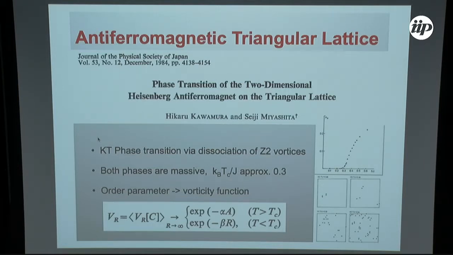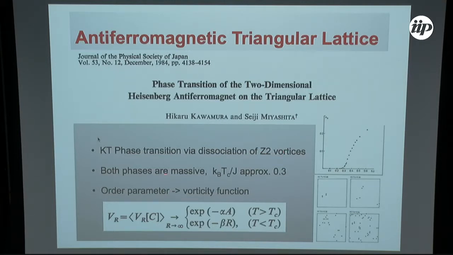So triangular lattice, you know, you have this 120 degree structure in the ground state, and so the order parameter is not like in the square lattice, as I mentioned before. It was S2, the symmetry of the order parameter. Here it will be SO3, okay? So some other group. And then you don't have skyrmions, but Z2 vortices, okay?